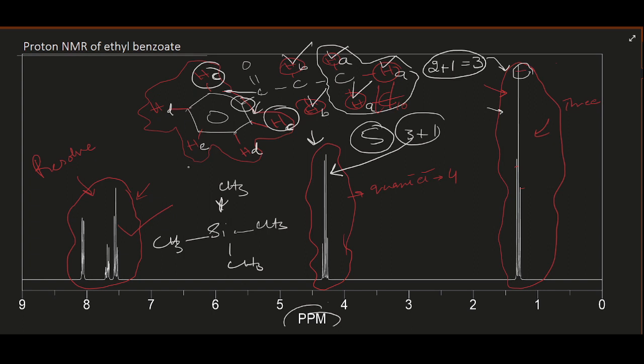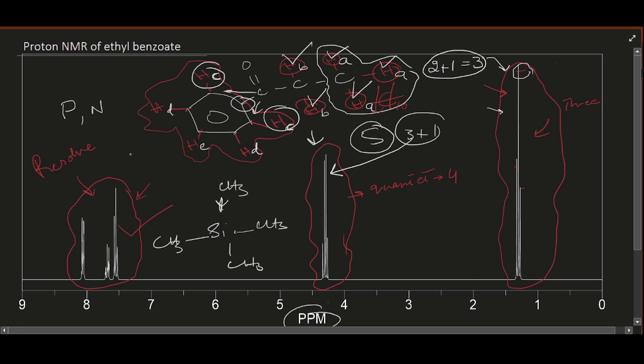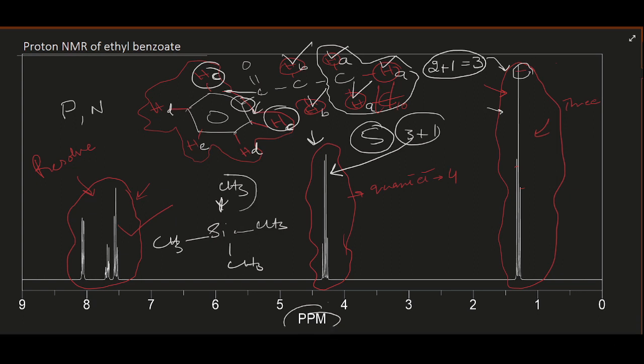When we change our atom, like going to phosphorus or nitrogen, we often change the reference compound, but in the proton spectrum we use this tetramethylsilane. If you forget this, you can repeat the video and look at how I resolved these peaks.